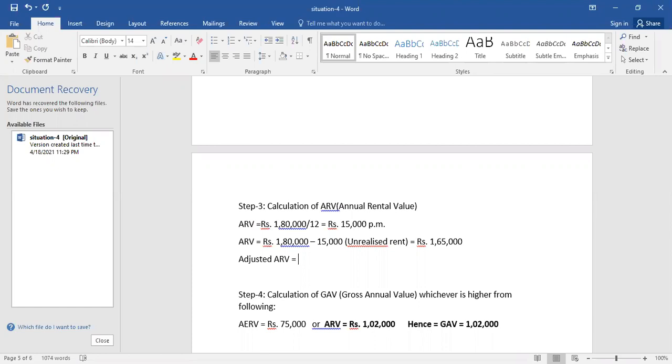Now adjusted ERV is equal to rupees 1,65,000 minus vacancy period. 1 month is the vacancy, right? Am I right, guys? Are you with me, guys? Yes, sir. Okay, so that is equal to rupees 1,50,000, correct? 1,50,000 is the adjusted ERV.